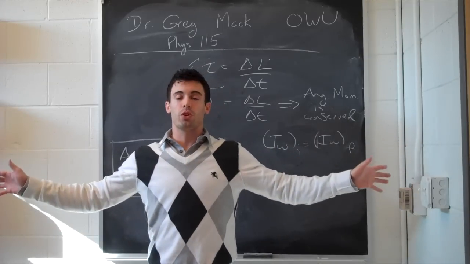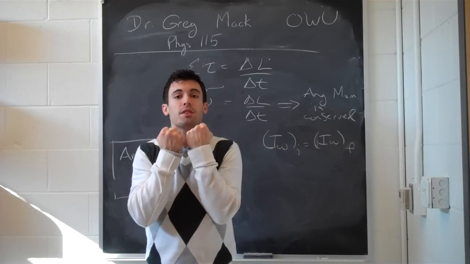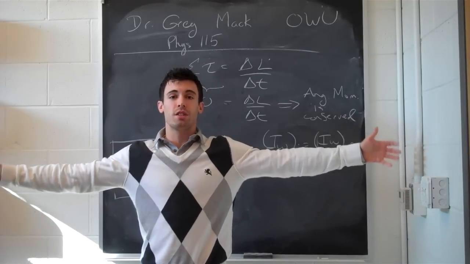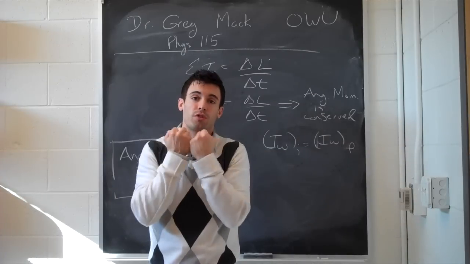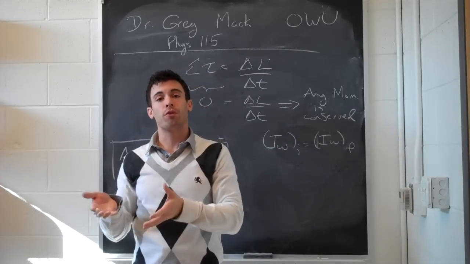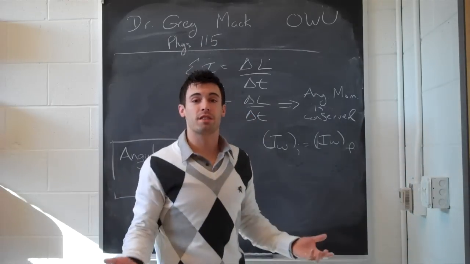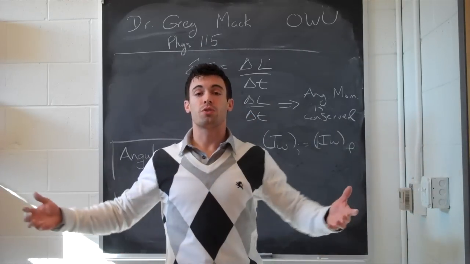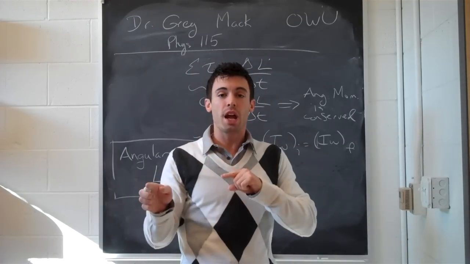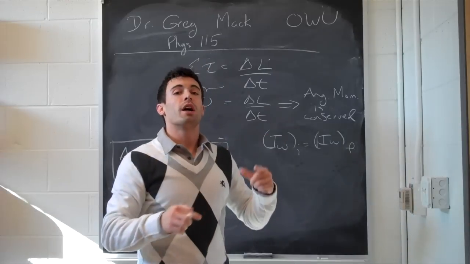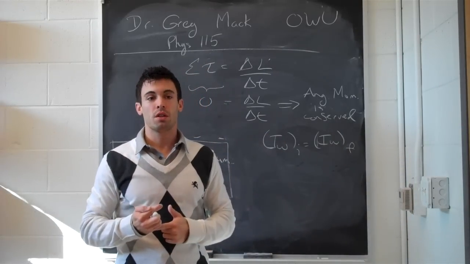If you change your moment of inertia from being large to being small, then the slow angular velocity you had here is going to actually be larger, because you've changed your I. And so if I omega before has to equal I omega after, then the slow speed ends up being a fast angular speed instead. So just starting out slow and coming in together will change your moment of inertia, and therefore, in order to conserve angular momentum, your angular velocity has to increase.